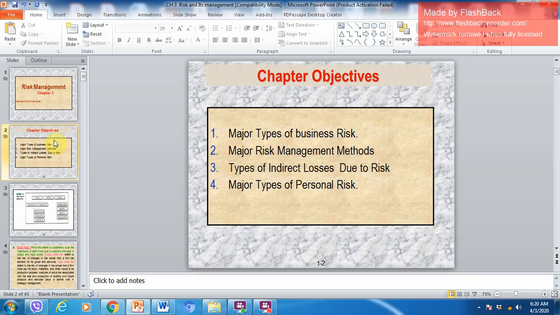Then we will discuss major risk management methods, third, types of indirect losses due to risk, and the fourth topic is major types of personal risk. So these are the 4 major topics that we will cover in this chapter.